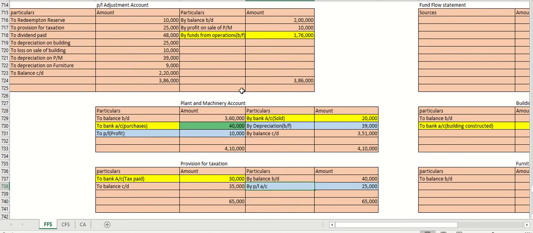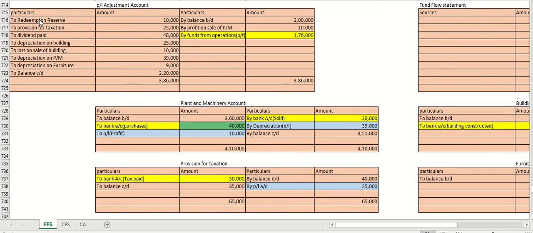By depreciation also will be stated in your profit and loss adjustment account. So which all I have shaded in golden color, that will be accounted in your fund flow statement. Which all I have shaded in blue, light blue color, will be accounted in your profit and loss adjustment account.